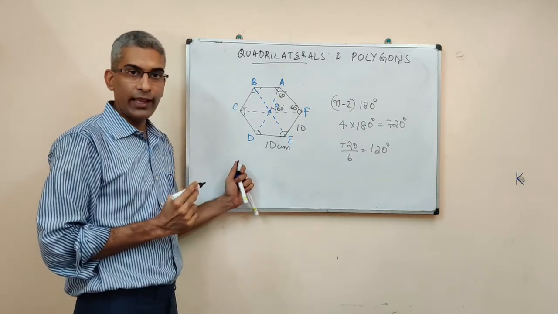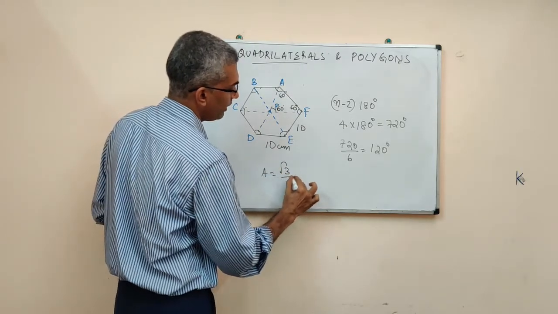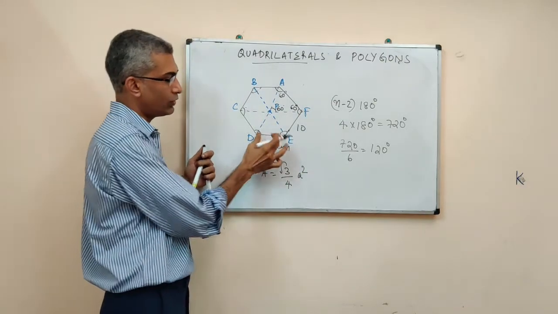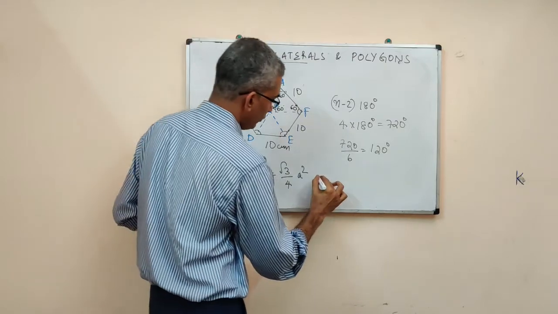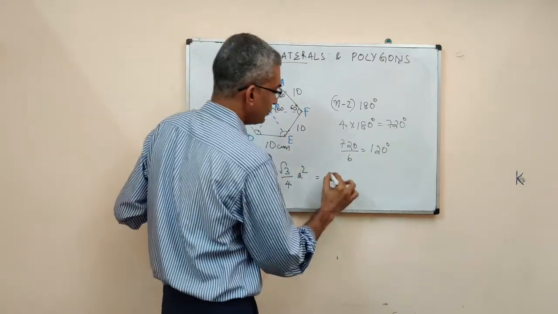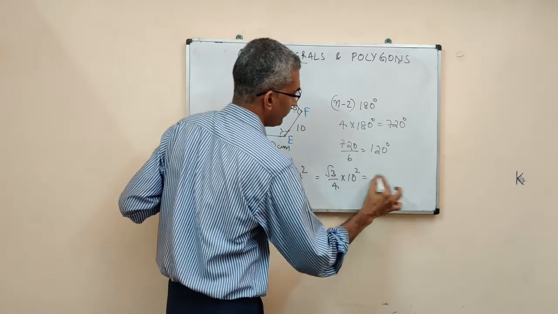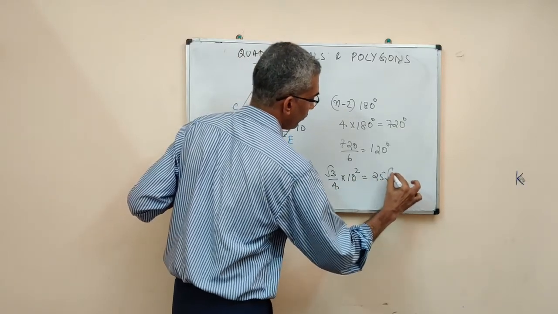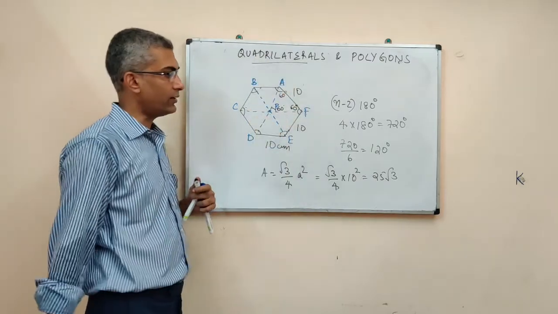And we know how to find the area of an equilateral triangle. Area of an equilateral triangle is given by root 3 by 4 a square, where a is the length of one side. We know the length of one side as 10 centimeters. So the area of any one of those triangles will be root 3 by 4 into 10 square. That is 100 by 4, 25. 25 root 3 will be the area of one triangle.